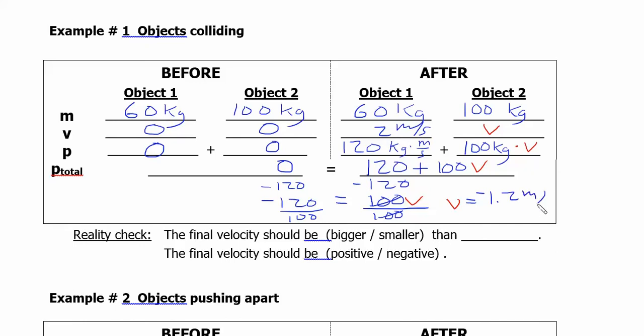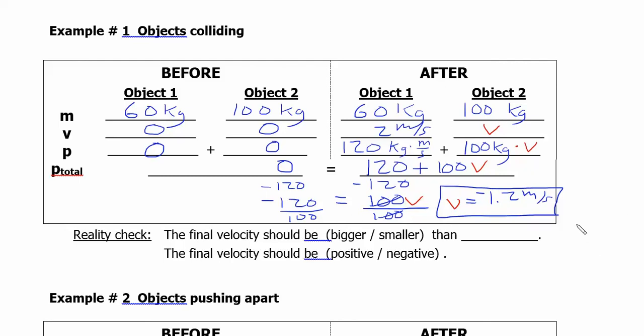So it's going to be negative 1.2 meters per second. And I'm going to put a box around that final answer. I'm going to do a little reality check for myself. Does this number seem like number 1 is going in the right direction? So they should be going in opposite directions. So this is positive and this one's negative. That checks. And I know the boat is heavier, so I would expect it to have less velocity because it has more mass.